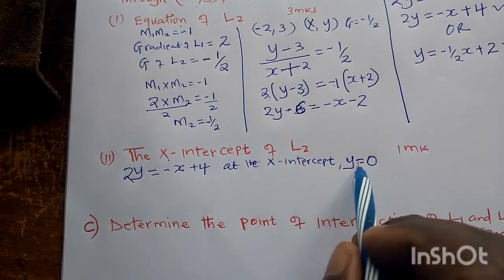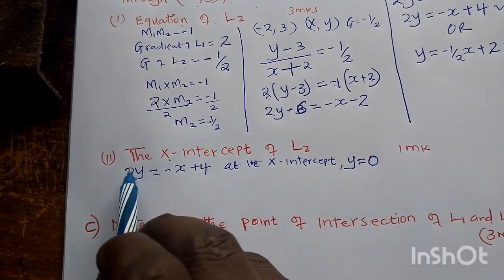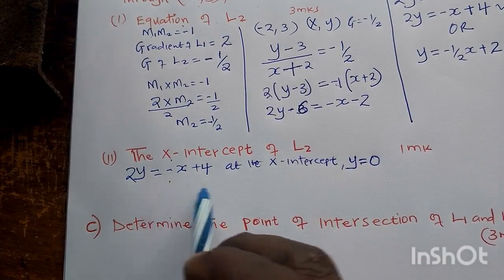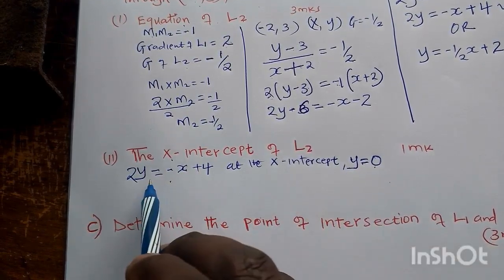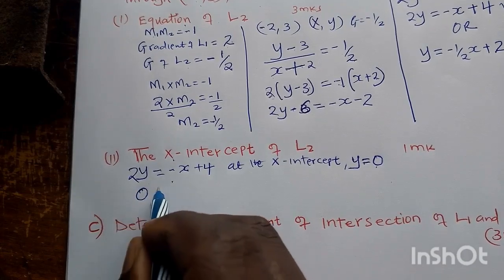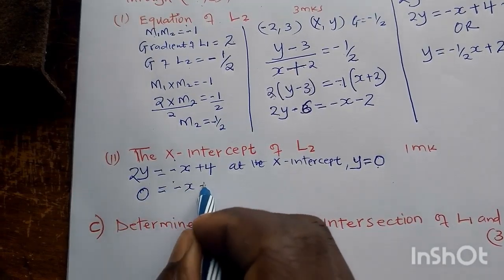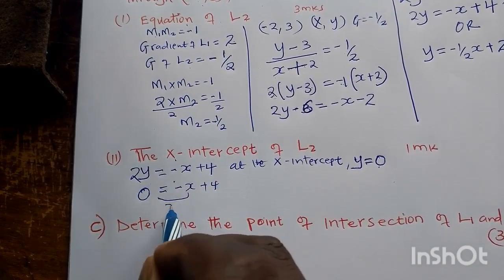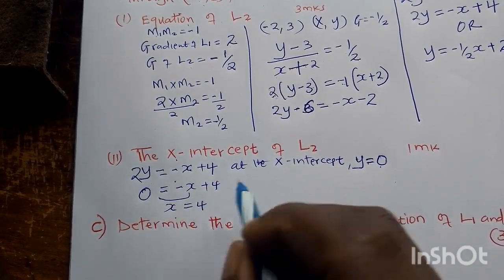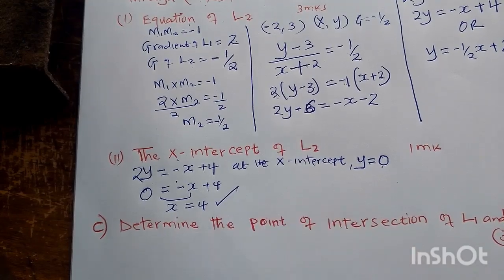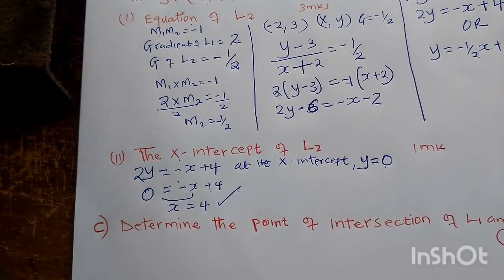So now you bring this knowledge and substitute. Whenever you see y in the equation, you substitute with 0. So here it is going to be 0 is equal to -x plus 4. Bring this here, so it means x is equal to 4. So the x-intercept is equal to 4.